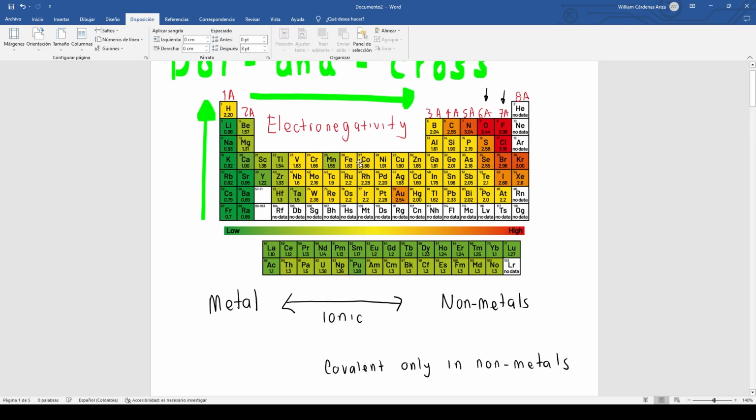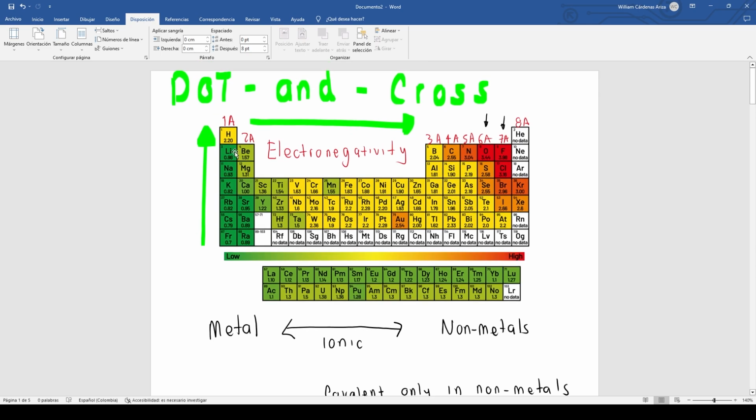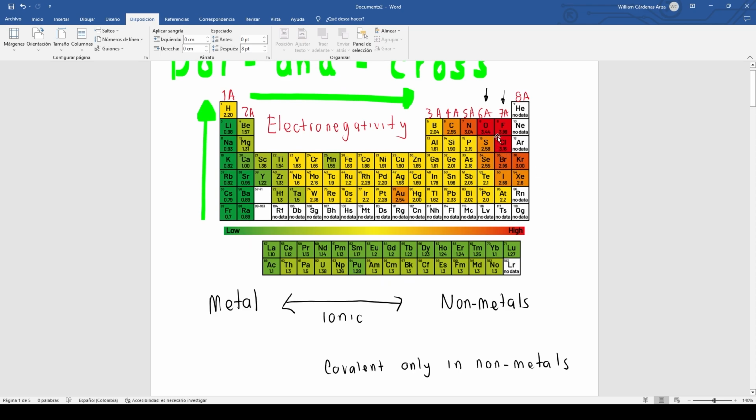Okay, now, why is ionic bonding only between metals and non-metals? Because the difference in electronegativity is going to be very high. So, for example, fluorine has an electronegativity of 3.98, and lithium has an electronegativity of 0.98.